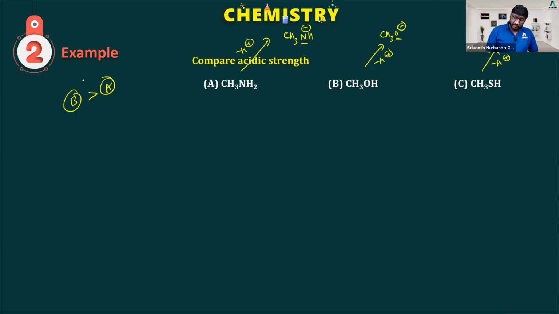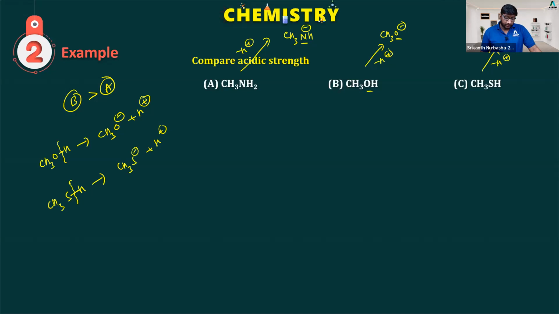Now compare B and C, because oxygen and sulfur are in different periods but the same group. The cleavage of the OH bond in CH3OH gives CH3O minus and H plus. CH3SH gives CH3S minus and H plus, with cleavage of the SH bond. Which bond can be cleaved easily? The SH bond, because sulfur is a very large atom and hydrogen is small.